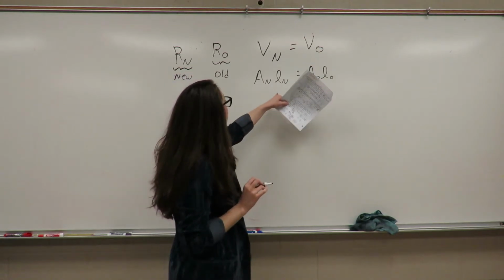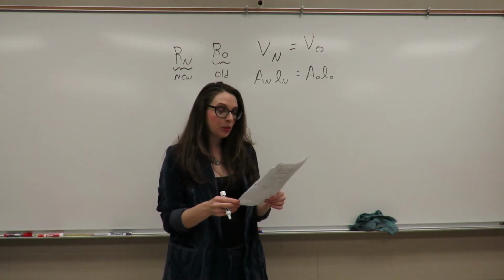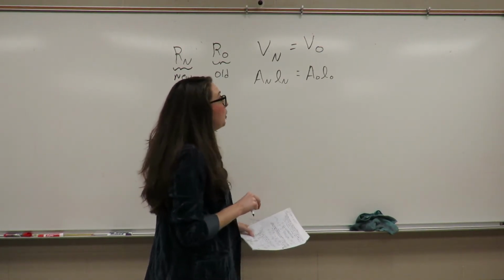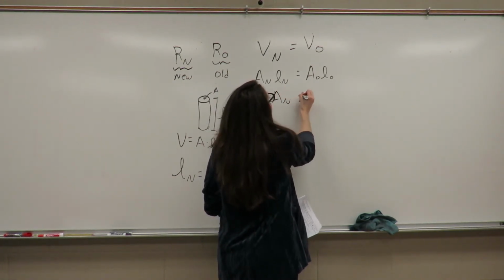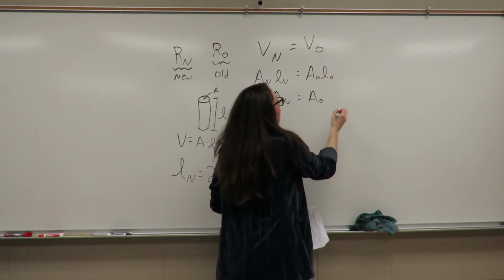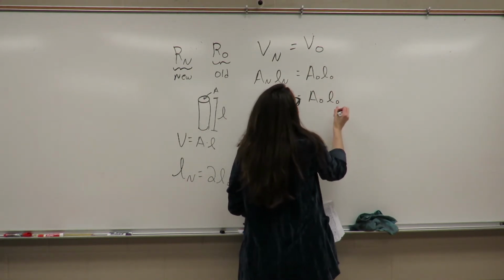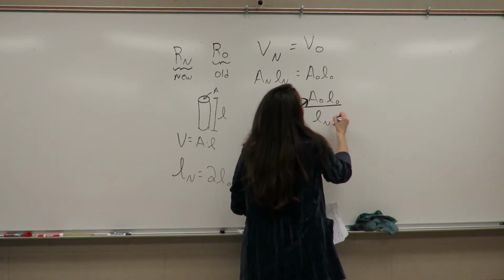If I solve this equation for the new area, A_n is equal to the original area times the original length divided by the new length.